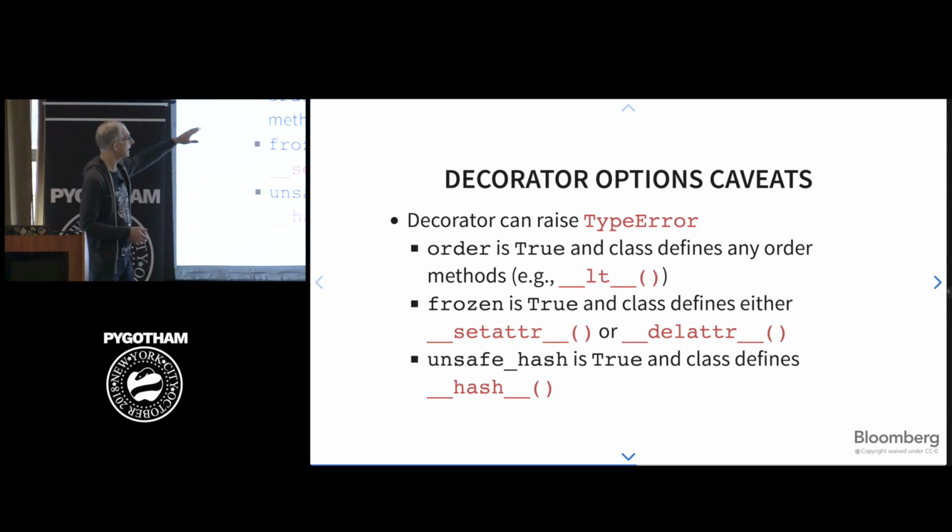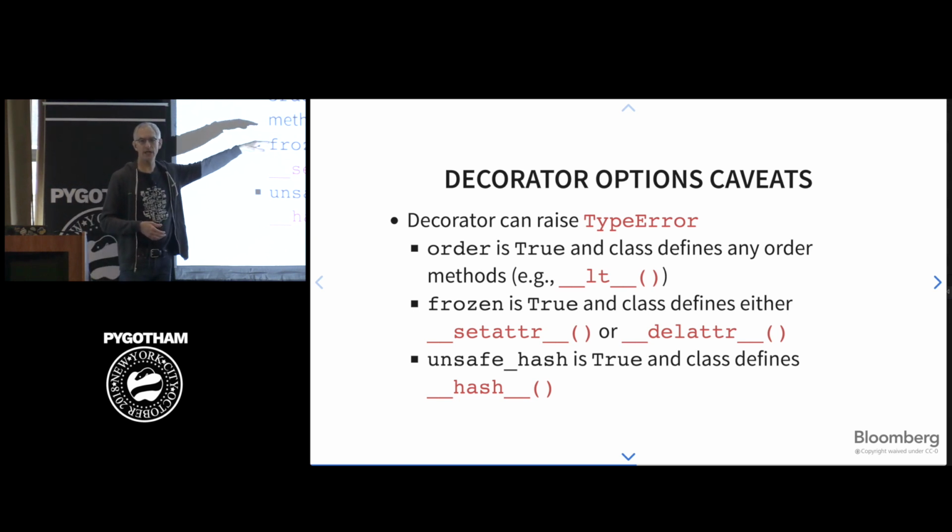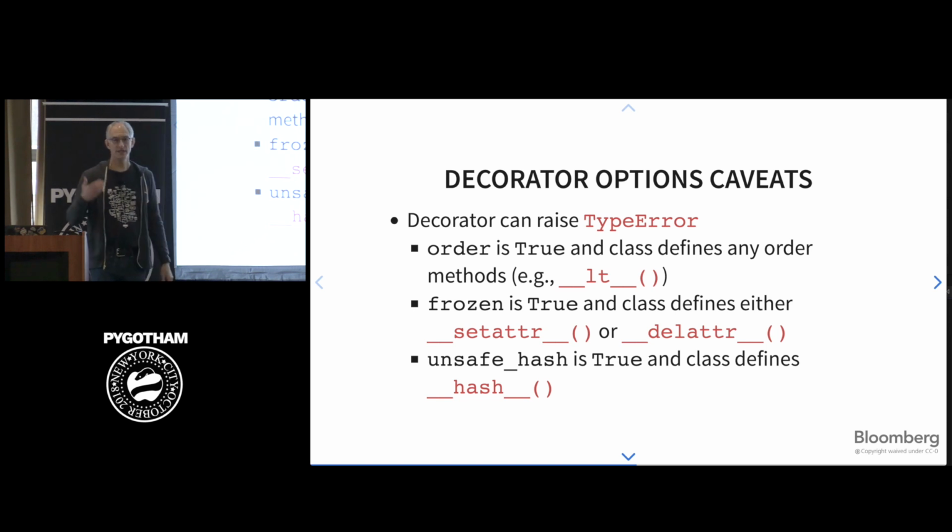So if I set order to true, but then I start defining some of these order methods, the decorator is going to throw a type error at interpretation time. Similarly, if I set frozen to be true and I define either a set attribute or a del attribute, the decorator is going to raise a type error. And lastly, if I insist on setting unsafe hash to be true, but I have provided a hash function, the decorator is going to throw a type error.